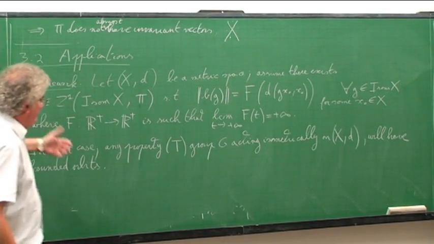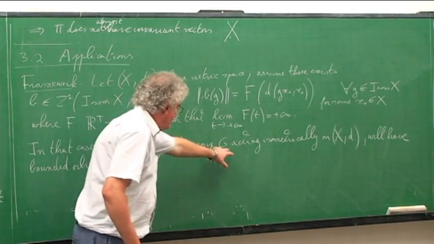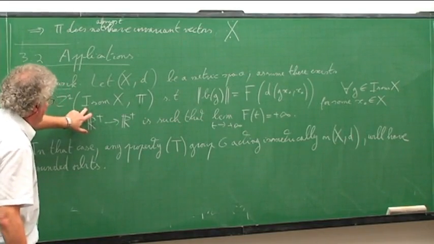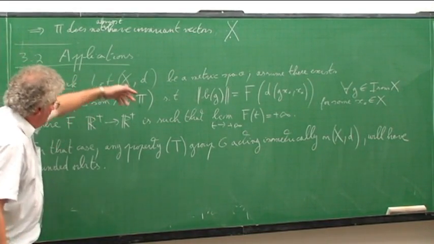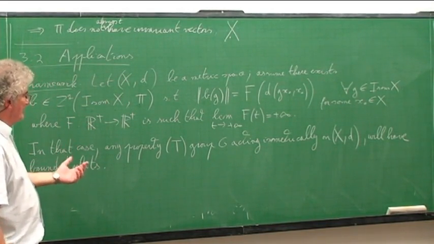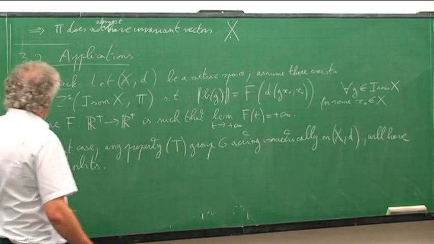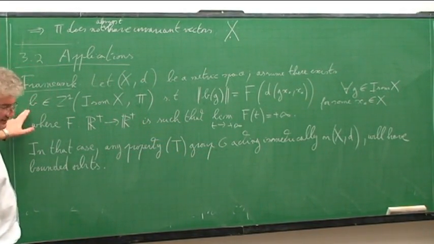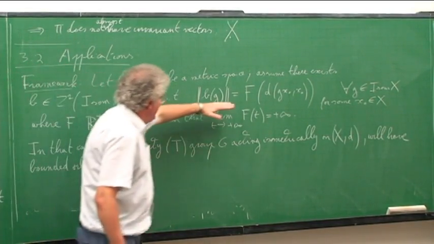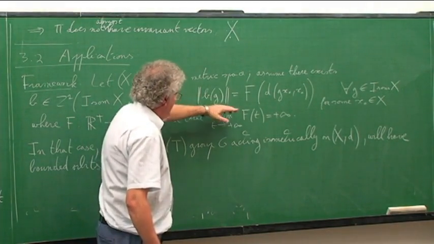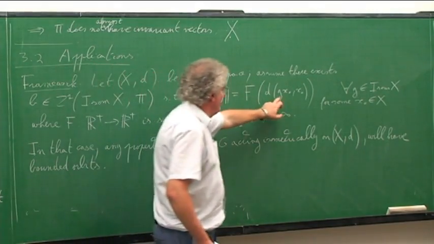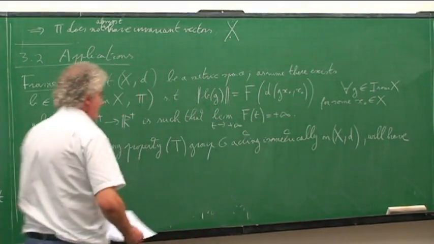Indeed, acting isometrically means you have a homomorphism from G to isometries of X. So you compose with the representation pi. This gives you a representation of G with a one cocycle. By property T, that one cocycle must be bounded. So you know that this quotient is bounded. But by assumption about the function capital F, the distance between g x naught and x naught must be bounded.